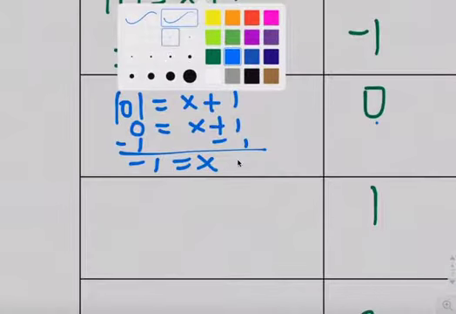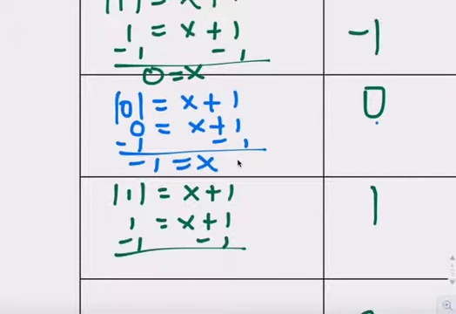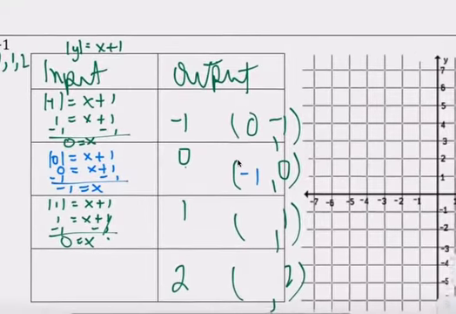Next number, your output is 1 equals x plus 1. Absolute value of 1 is 1 equals x plus 1, minus 1, minus 1. X equals 0.